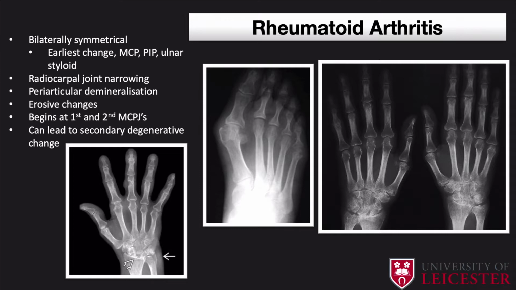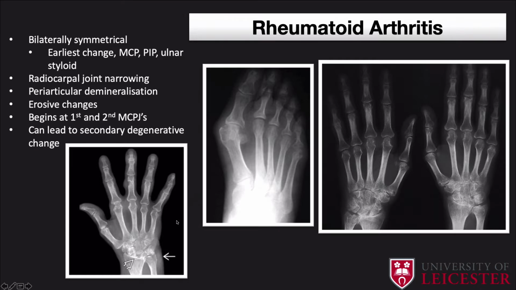I'm sure nearly all of you would have heard about this condition, and classically this radiologically presents with changes at the metacarpophalangeal joints as the earliest change. The ulnar styloid particularly is involved early, and you typically get periarticular osteopenic changes.